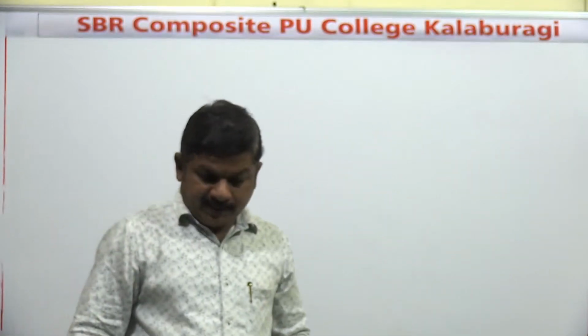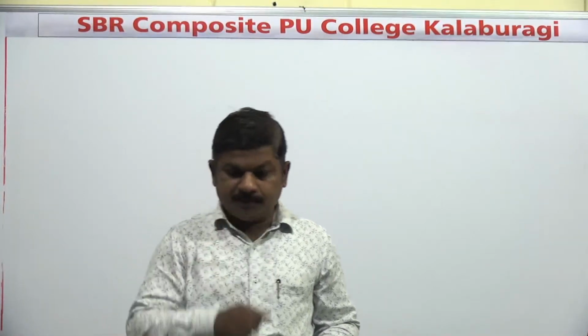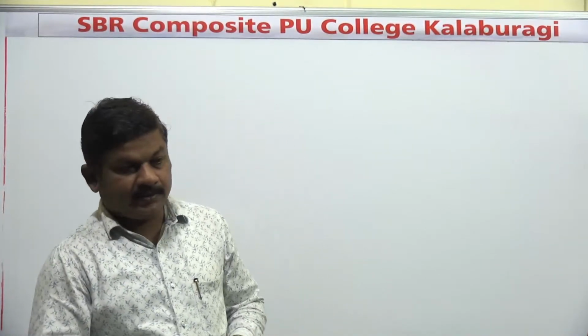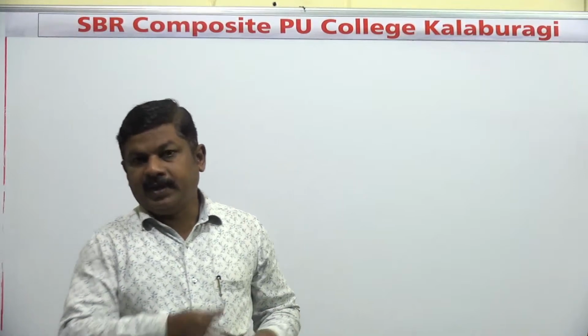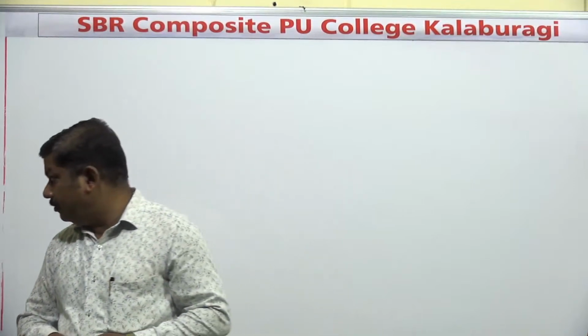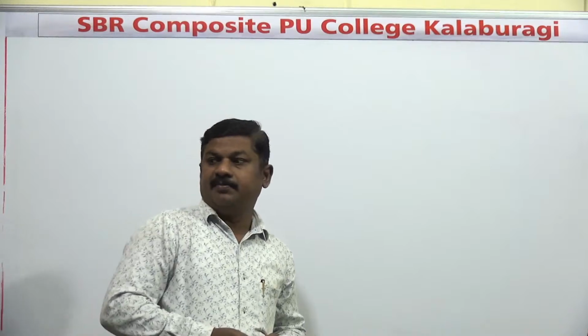Very good morning, students. In the previous class, we discussed different types of voids, that is, closed packing in case of crystalline solids. We came across the different types of packing: one dimension, two dimension, and three dimension packing.